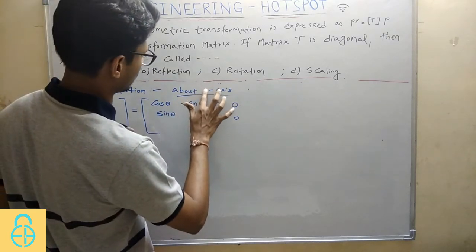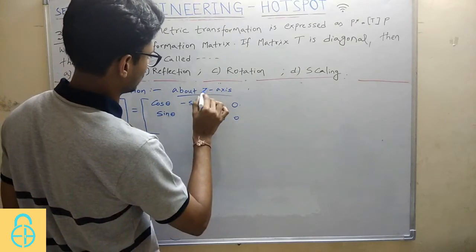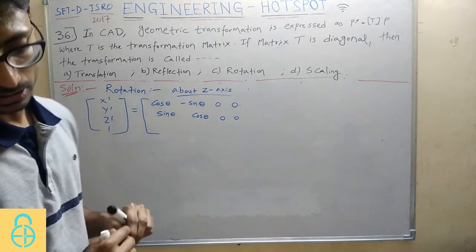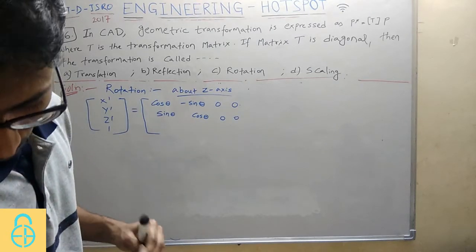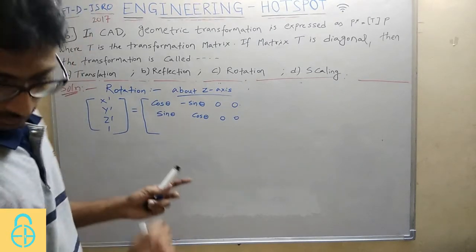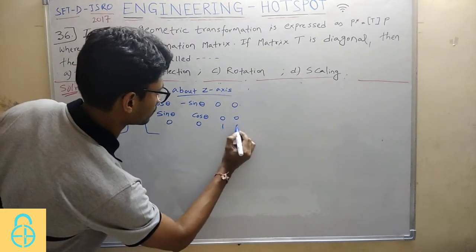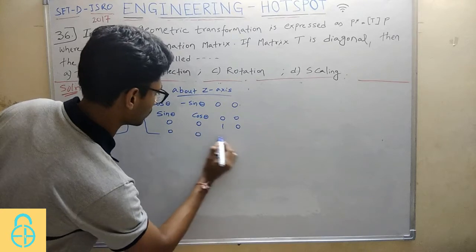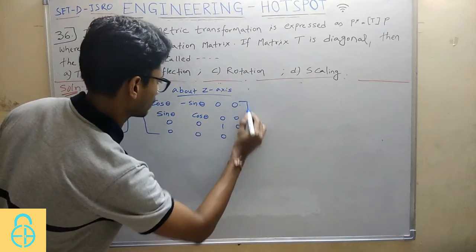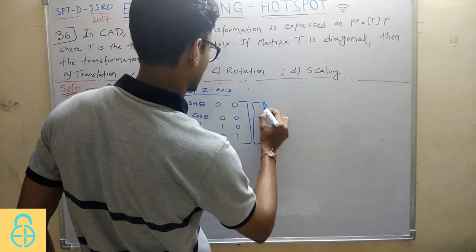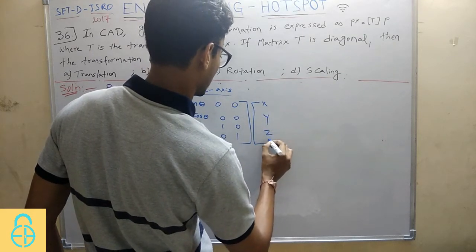Okay, let us first write about the z-axis. Z-axis, not x-axis. I am writing about the z-axis. So in that case, it's given by this: 0, 0, 1, 0, 0, 0, 0, 1. This is x, y, z, and 1.